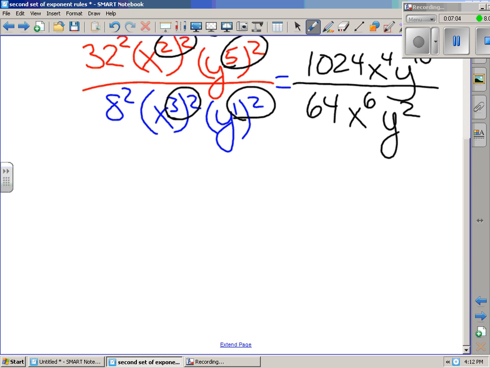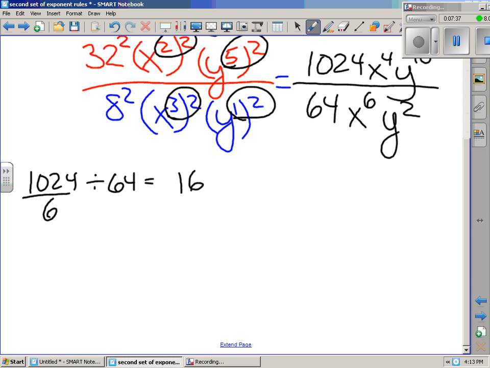1024 divided by 64, we get 16, and that goes in the numerator, and I want to show you the reason why it goes in the numerator. If you take 1024 and you divide it by 64, you're going to get 16.